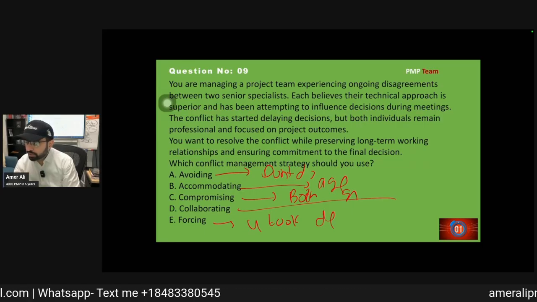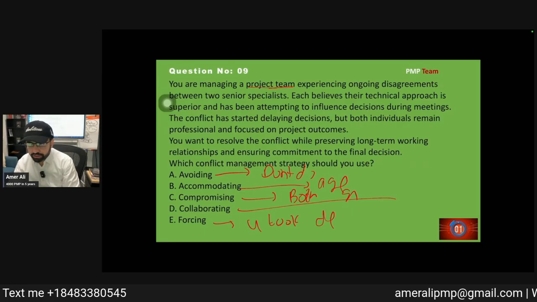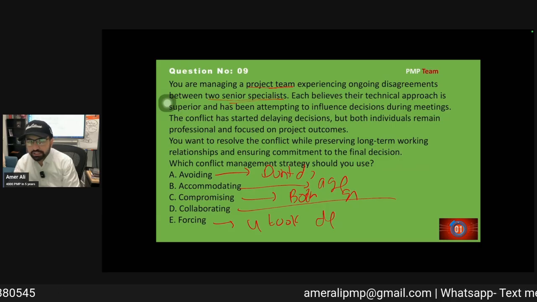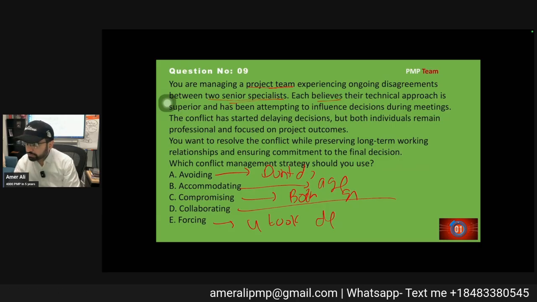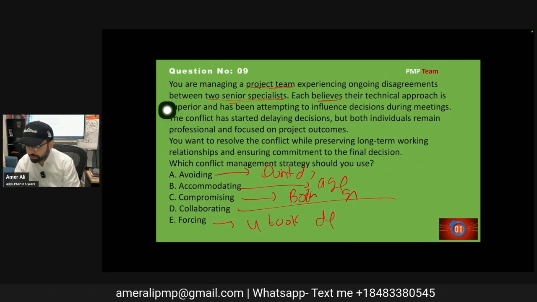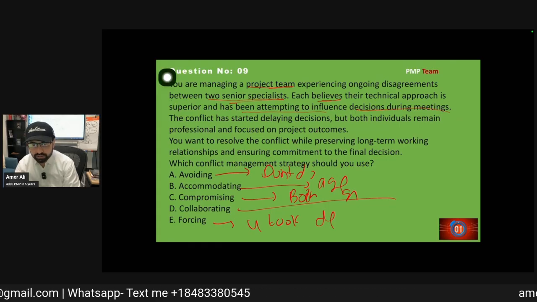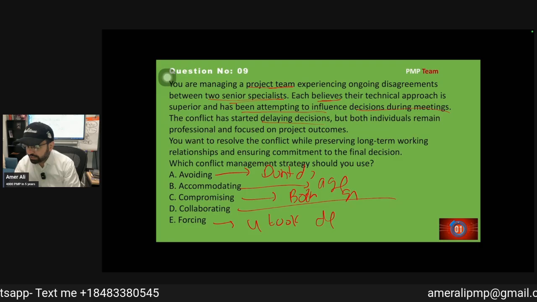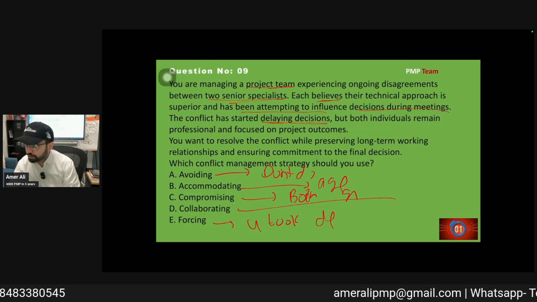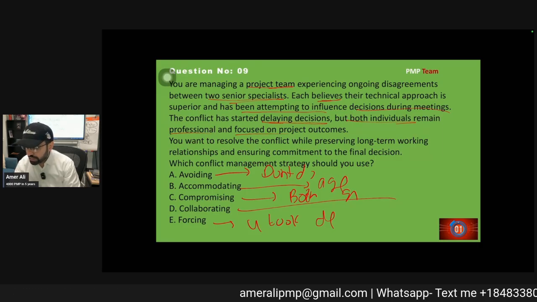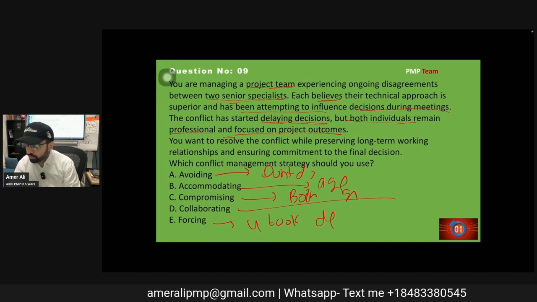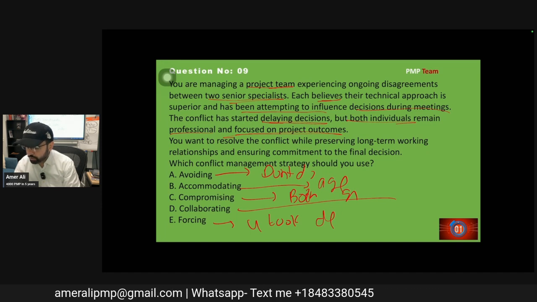You are managing a project team experiencing ongoing disagreement between two senior specialists. Each believes that their technical approach is superior and has been attempting to influence decisions during meetings. The conflict has started delaying decisions. Both individuals remain professional and focused. You want to reach a resolution while preserving long-term working relationships.